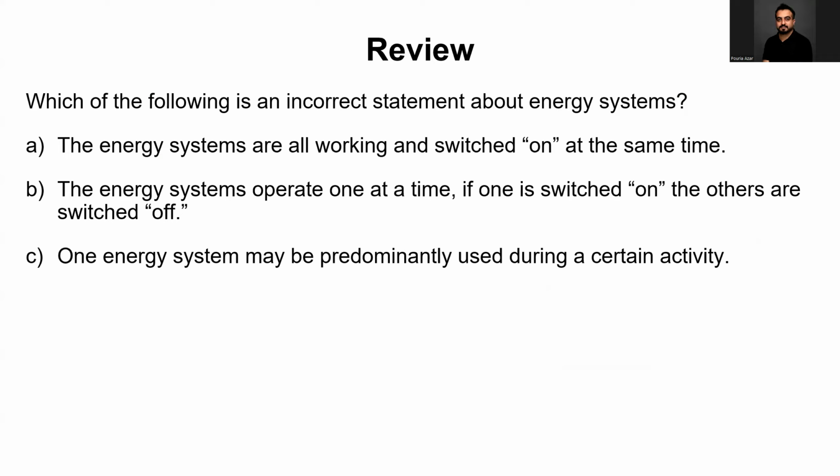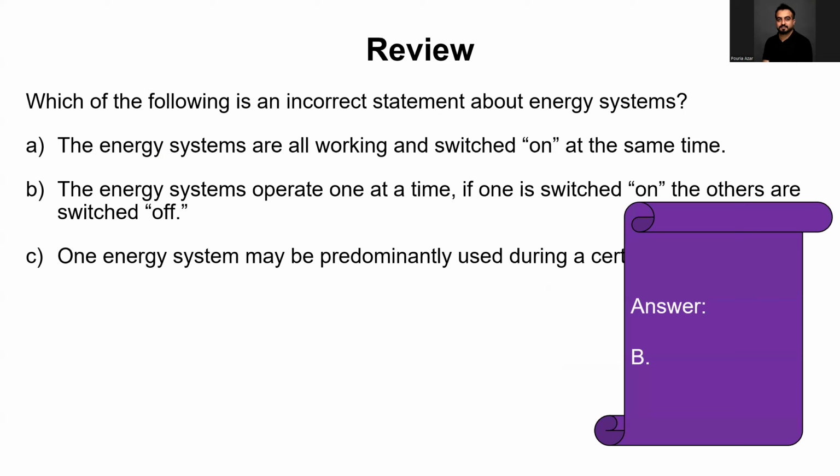One energy system may be predominantly used during a certain activity. Yes, that's correct. The correct answer is B, which is incorrect. The energy systems operate all the time, and it's not true that if one is switched on, the others are switched off.